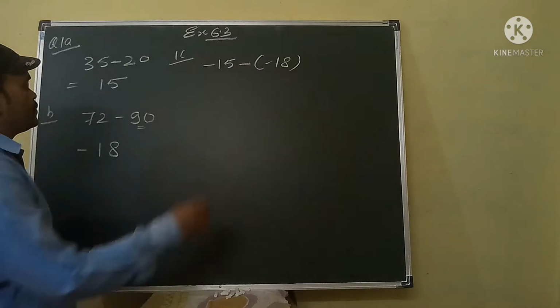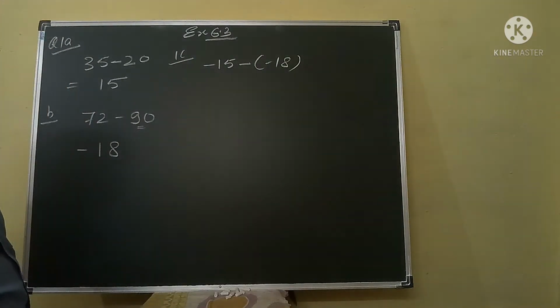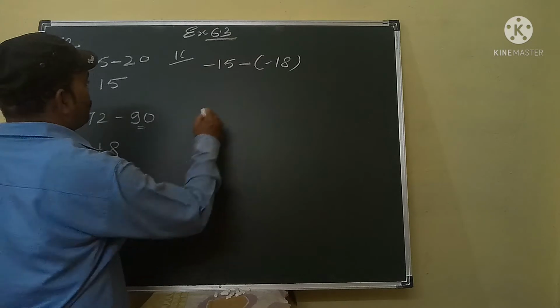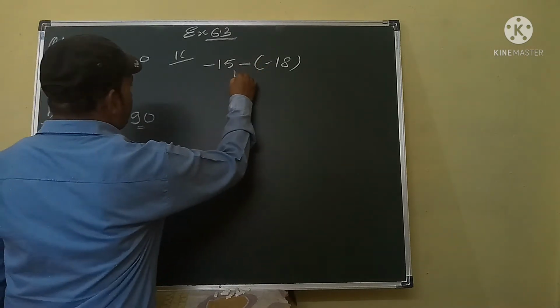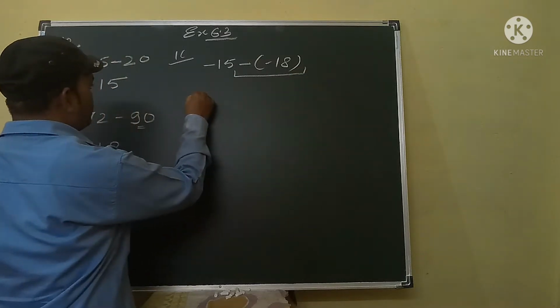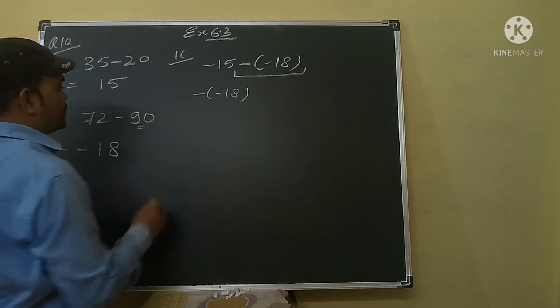So what will you do? There are two symbols, two operators, but there should be only one operator. So what will you do? Now look here, this is minus and this is minus. What is the meaning of this statement?